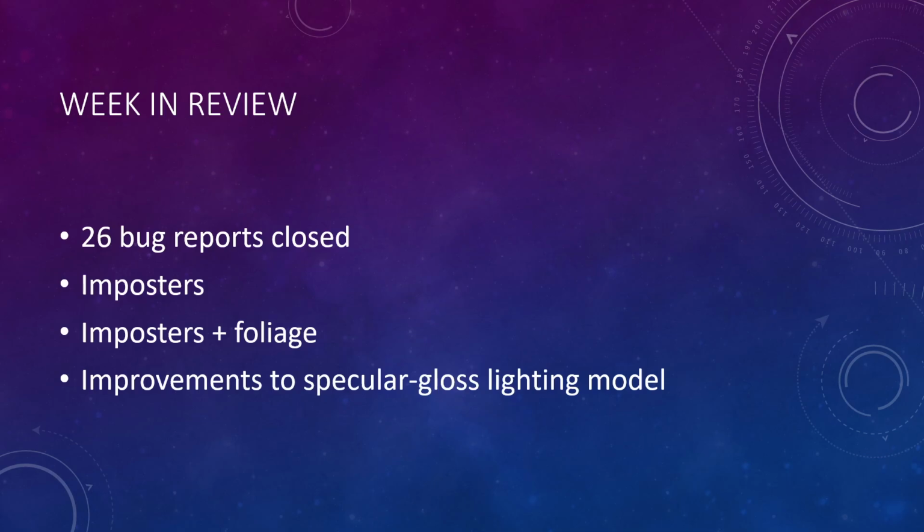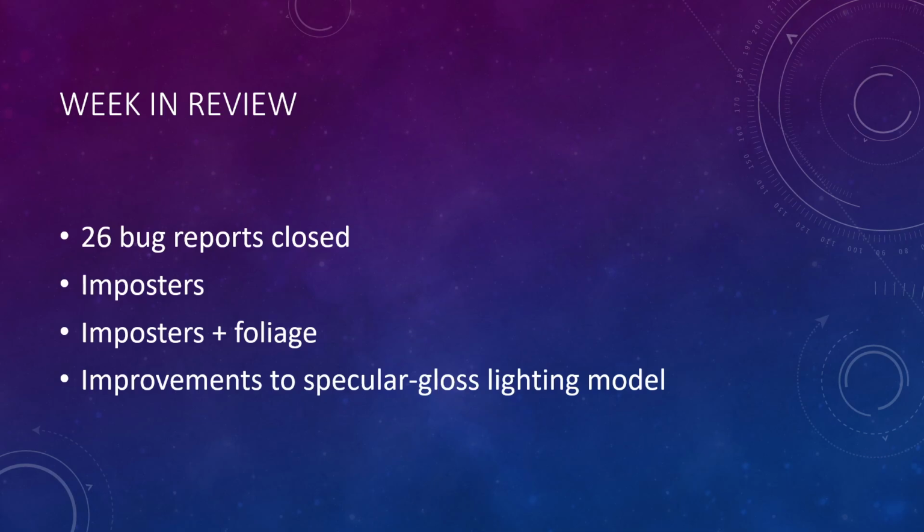The biggest thing was actually combining imposters with foliage, with the foliage system. This was a little bit tricky. In my initial implementation of the foliage, I was just using the same shader for everything, and it was just hard coded. And then I added a mesh layer.